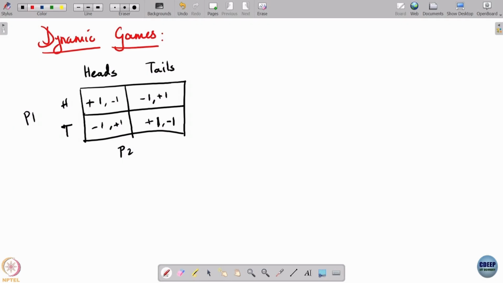Now, this was a simultaneous move game. So what does it mean for players to play simultaneously? In its English meaning, it would mean that they are actually putting the coin down at the exact same instant, physically at the exact same cosmic time.